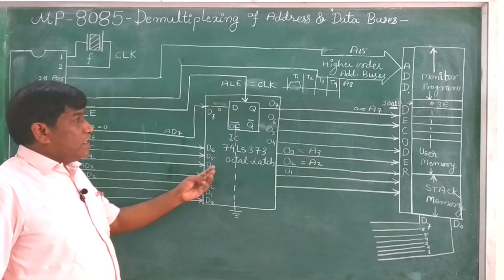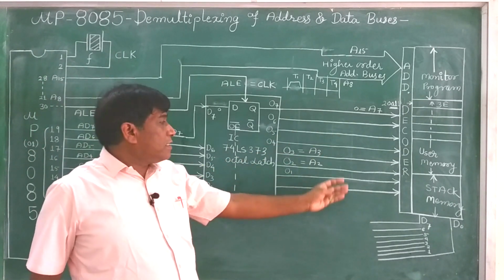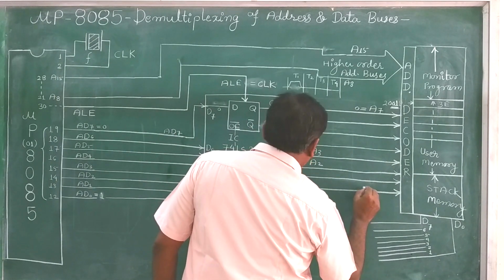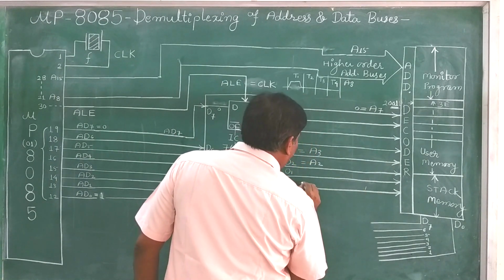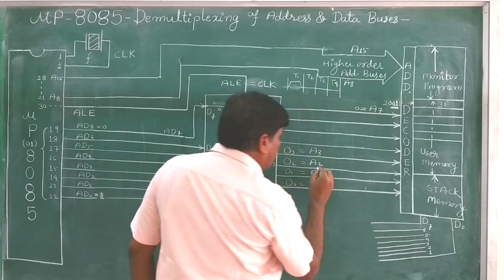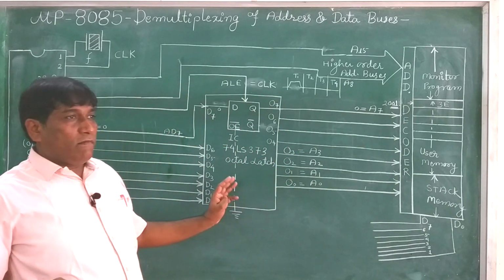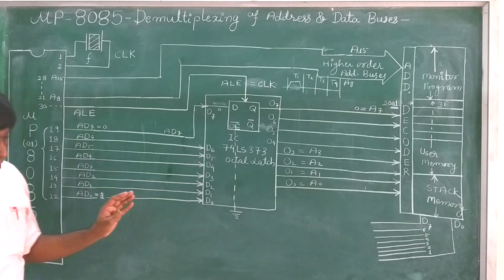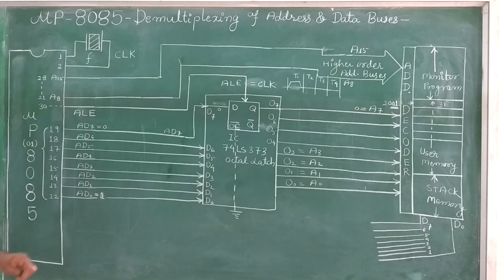In this way, all these address buses from A7 down to O0, which is equal to A0, and this is A1. Now you can see we have the complete picture of the address buses, which are held by the address latch enable signal.